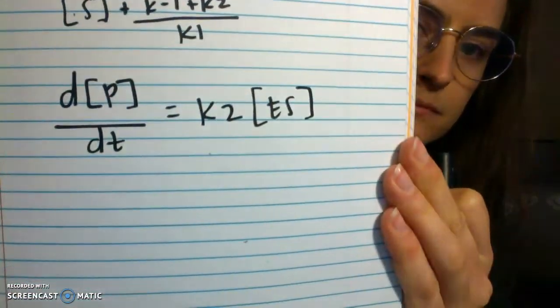So that gives us d[P]/dt is equal to K2 times ES. Since we now have an equation for ES, we can substitute this in and we are left with the Michaelis-Menten equation, which is what we've been trying to derive this whole time.